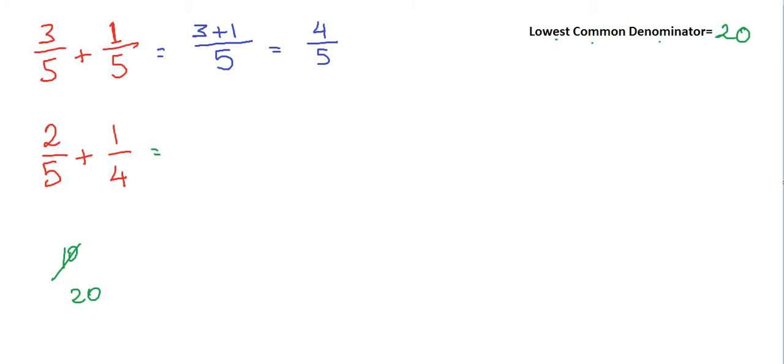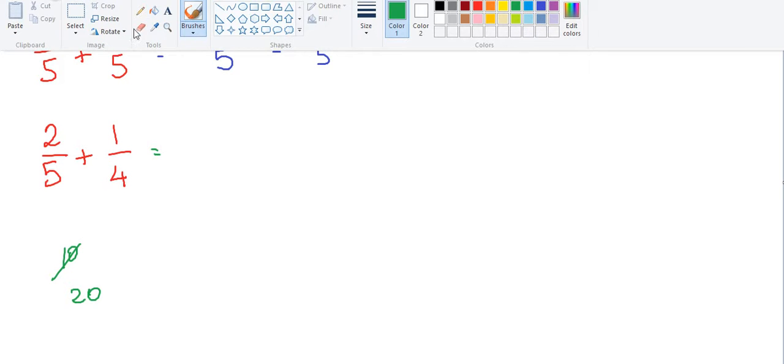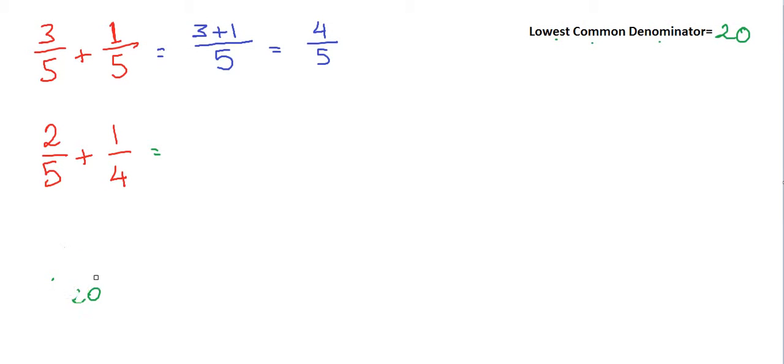Okay, so let me just rub this out. So how do we proceed from here? Well, the next thing we have to do is find an equivalent fraction. So I'll write my 2/5. Now my goal is to get this denominator to 20. I have to multiply it by 4, because we know that 5 goes into 20 4 times.